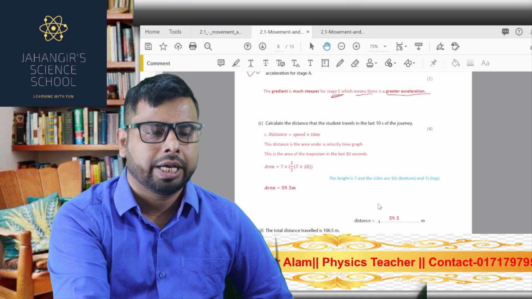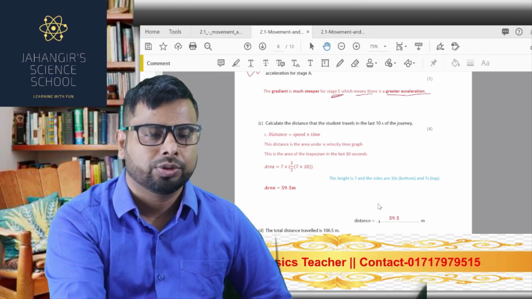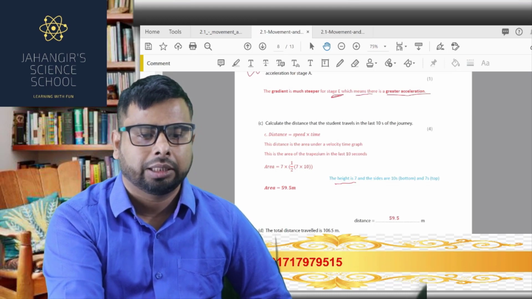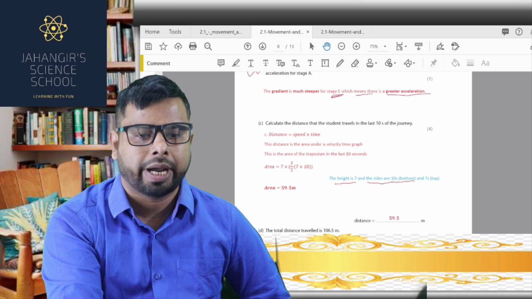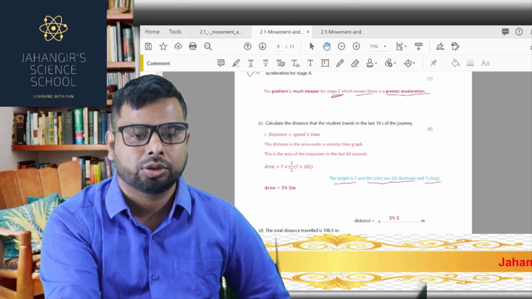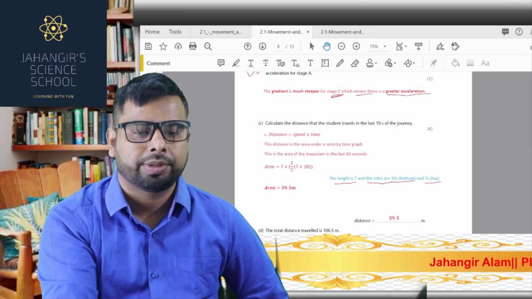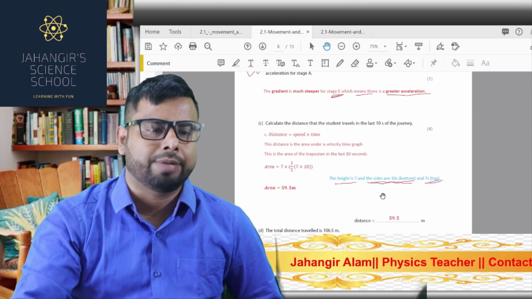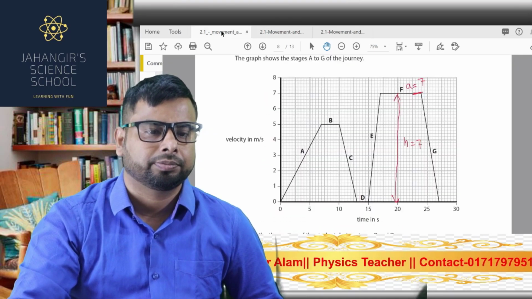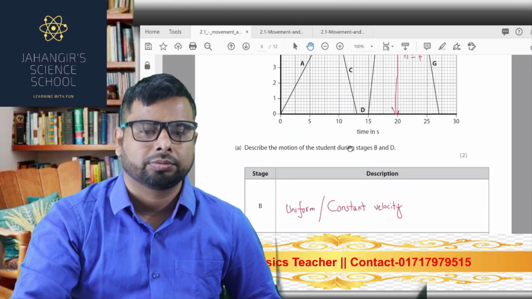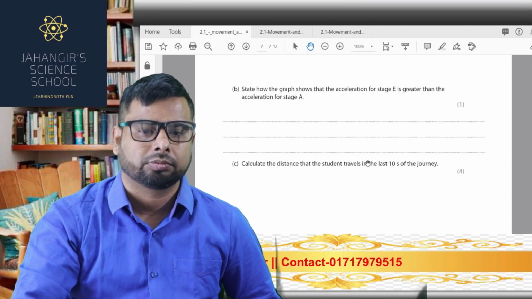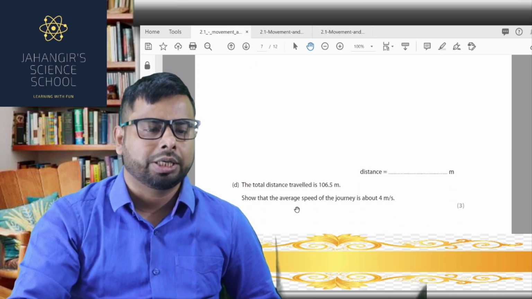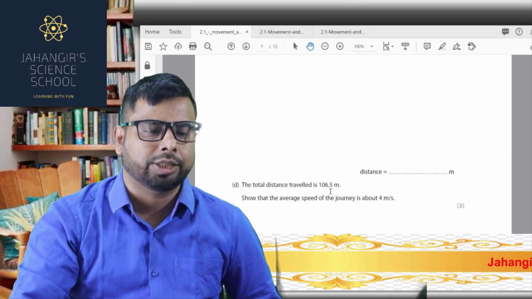So the area is 59.5. The height is 7 and the sides are 10 seconds at the bottom and 7 seconds at the top. So 59.5 meters. The total distance traveled is 106.5 meters.